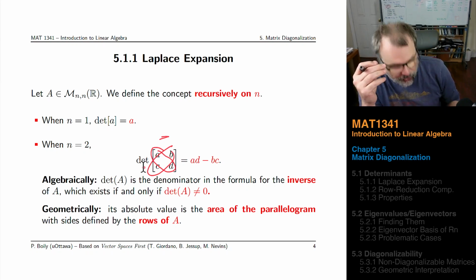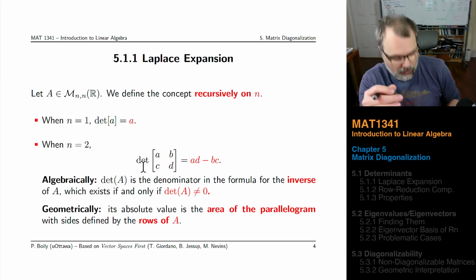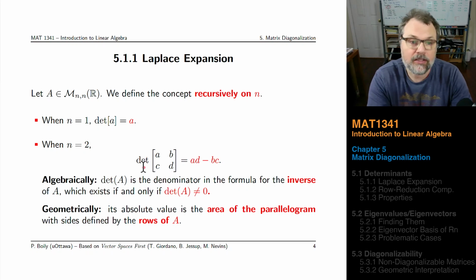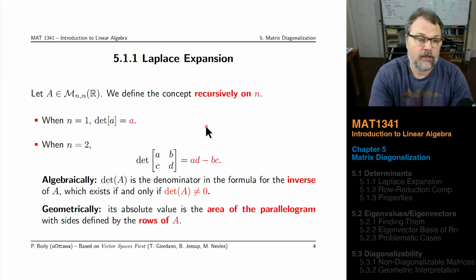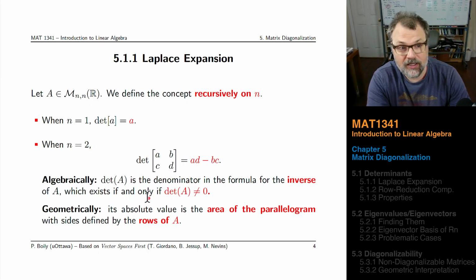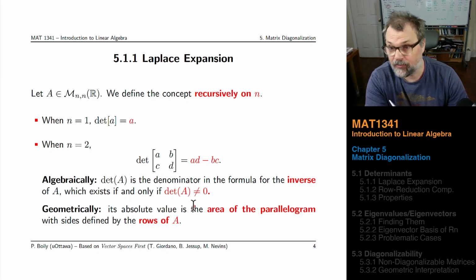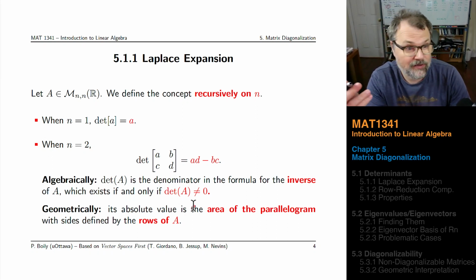From an algebraic perspective, that determinant is the denominator, as I've said, in the formula for the inverse of A. And so what we know is that the inverse exists if and only if this determinant, this cross multiplication here, is different from 0. Because if it is equal to 0 in the formula, you're dividing by 0, and that doesn't make any sense.